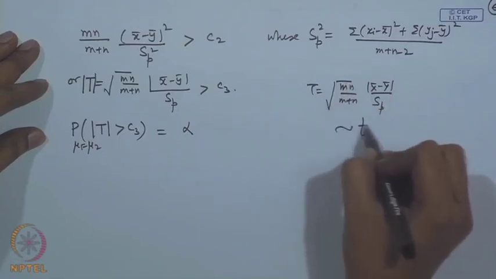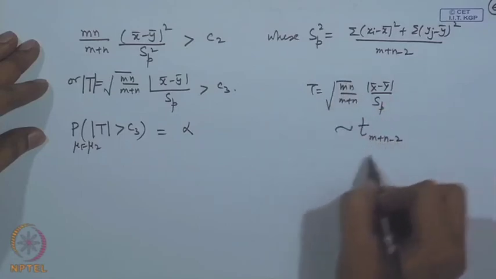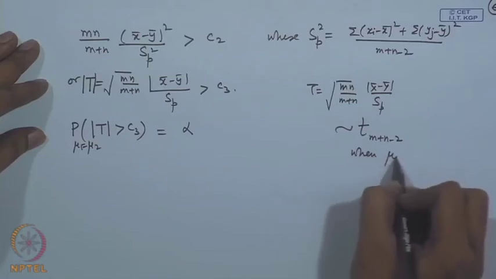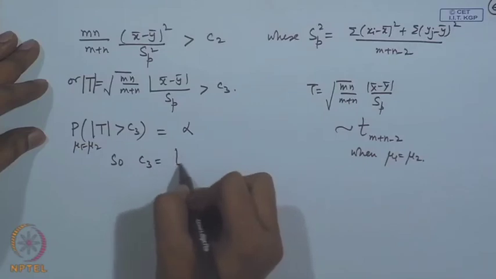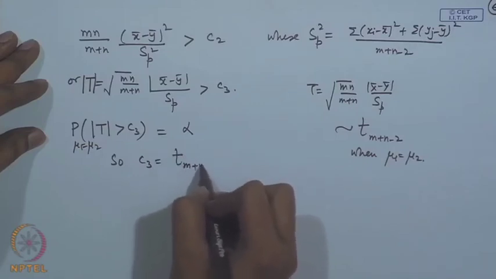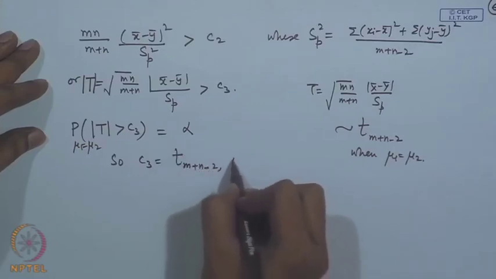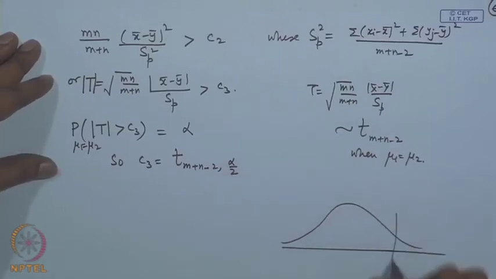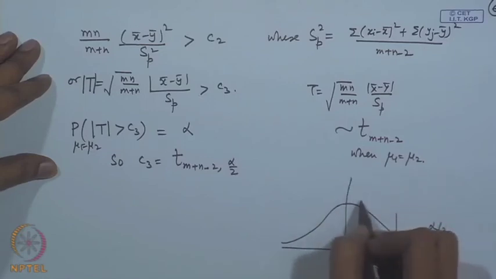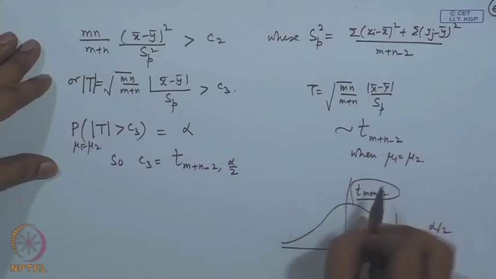This follows a t distribution on m plus n minus 2 degrees of freedom when mu 1 is equal to mu 2. So, C 3 we can take to be t m plus n minus 2 alpha by 2, that is the upper 100 alpha by 2 percent point. This probability is alpha by 2 if this is the curve of the t distribution on m plus n minus 2 degrees of freedom, that is the density function of this.